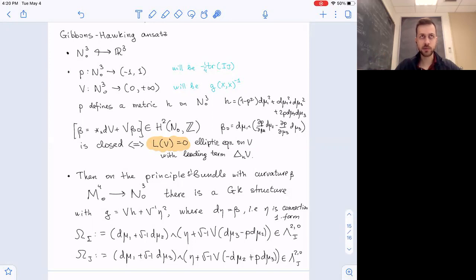Well, I should be a bit careful here, because you also need the boundary value to be positive, so the solution stays positive. But there is no resemblance of uniqueness here. It's very generic.